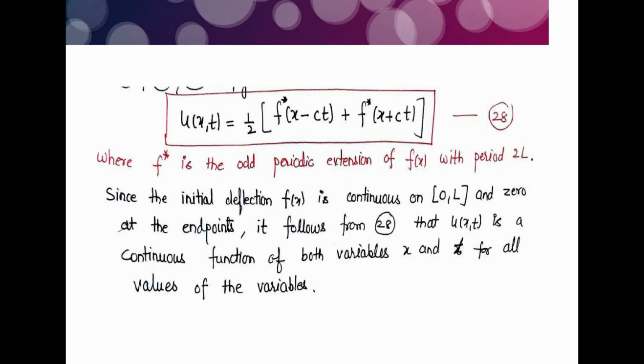Now the initial deflection f of x is continuous on the interval 0 to L, and it is 0 at the end points. So it follows from equation number 28 that the deflection is a continuous function of both variables x and t for all values of these variables.